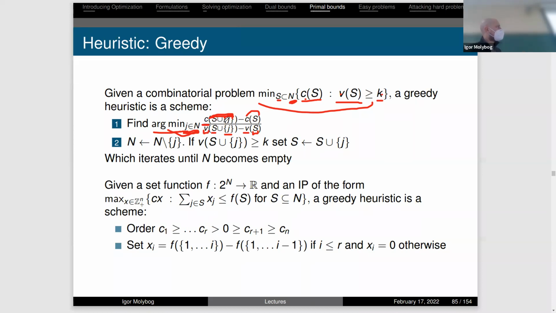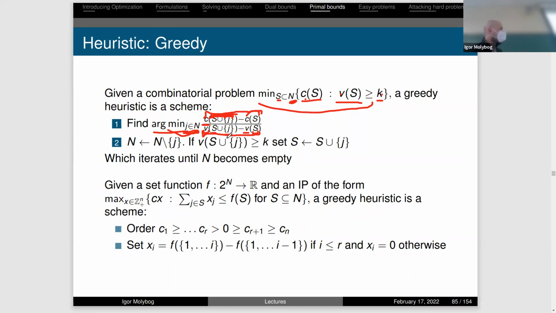So you can think about it as: this addition is how much cost reduction the inclusion of this element J gives to us over how much infeasibility the addition of this element J would suffer.